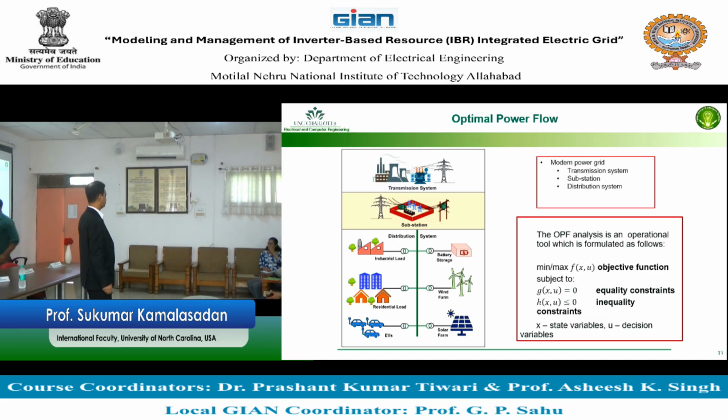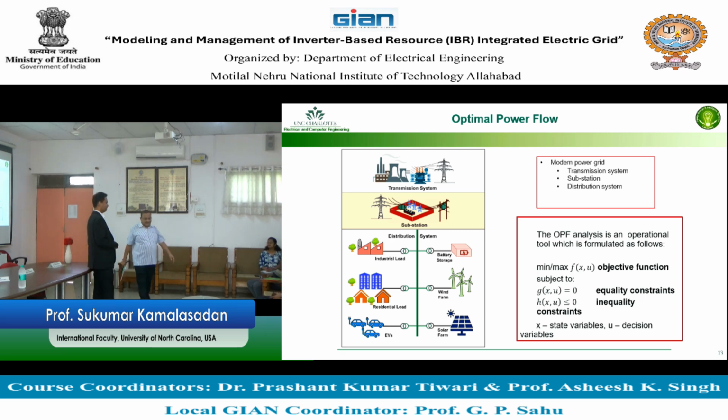That objective function is any function that is dependent upon two variables. One is the U. In control theory, this U is generally called the controller output or the input to the plant.